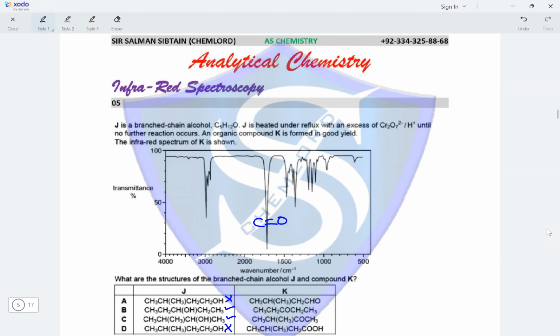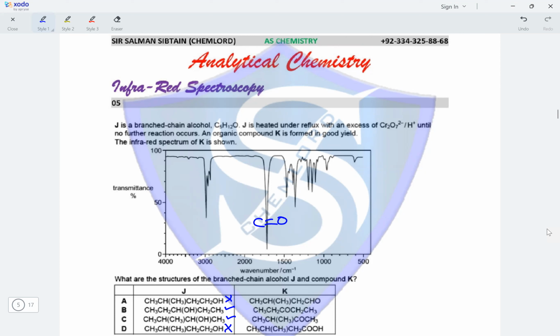We are left with options B and C. Option B has a ketone present and option C also has a ketone present, but we need to confirm the position of the C=O group in reference to the position of the OH group.